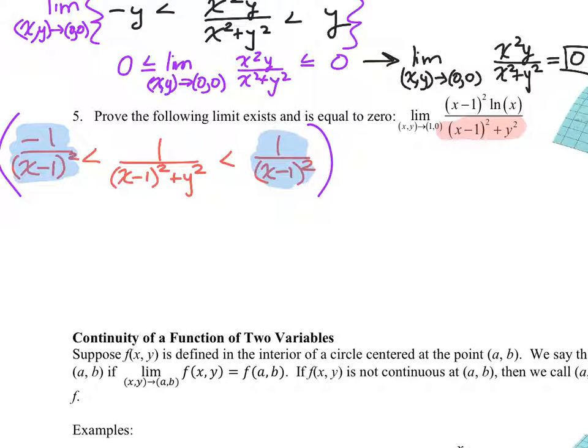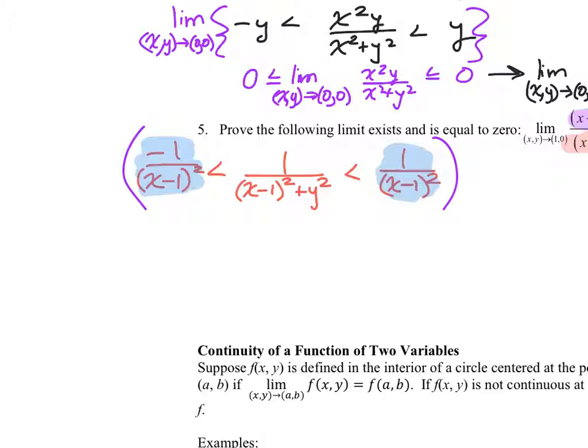First, I've got to multiply through with that numerator, the x minus 1 squared natural log of x. The second thing is more like, I don't want to say it's intuitive, but it's more like just being aware, because there is a natural log, which means that there are domain considerations.